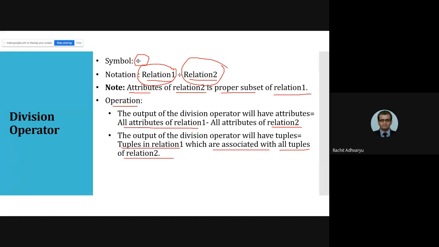That means whatever tuples are available in relation 2 or table 2, all must be somewhere linked with the tuples of table 1. It's quite confusing, right? Because we won't be able to get what this statement wants to say. So let us take a simple example and try to understand what this statement wants to tell us, right?